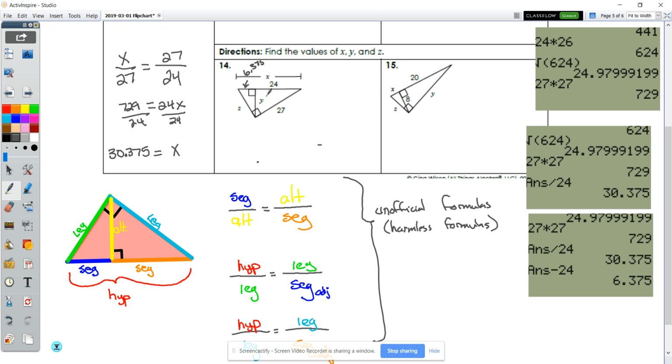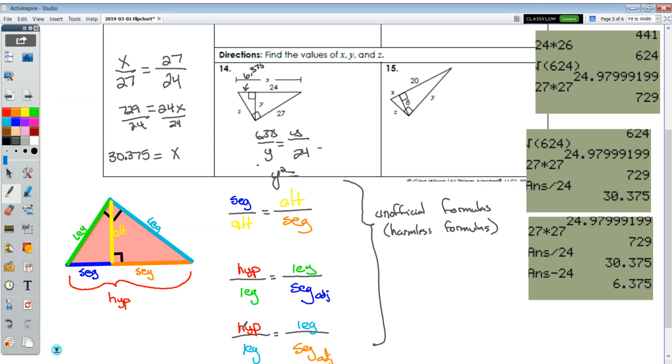So now if I wanted to find the altitude, I could use it. Go back to this one. Altitude, right? y equals the two segments of the hypotenuse. One of them is 6.375. The other one is 24. And so now I can cross multiply. I get y squared equals 24 times 6.375. Definitely have to use my calculator here.